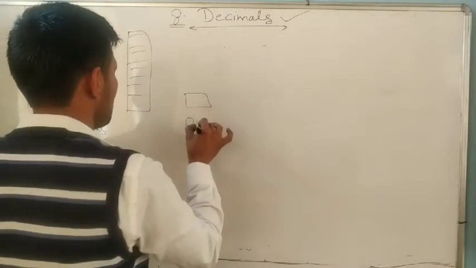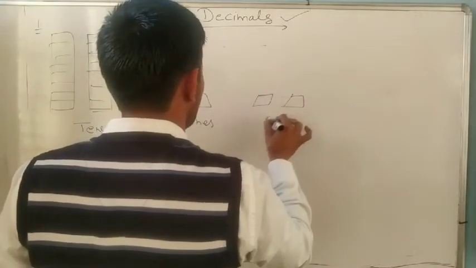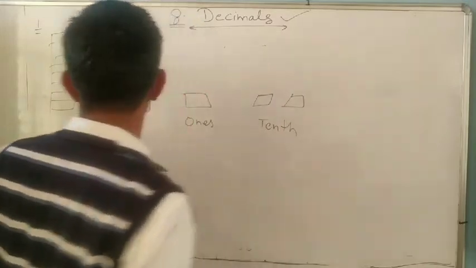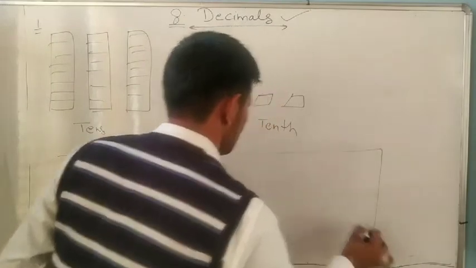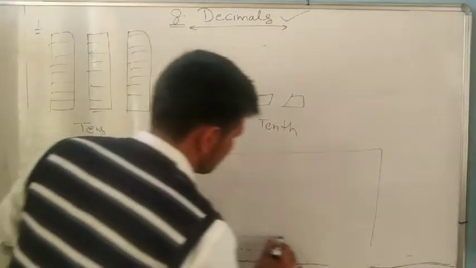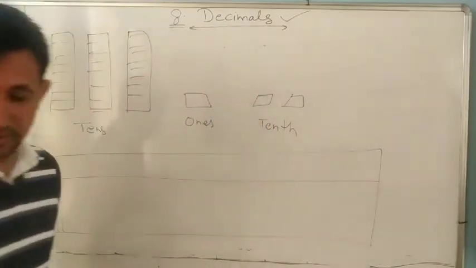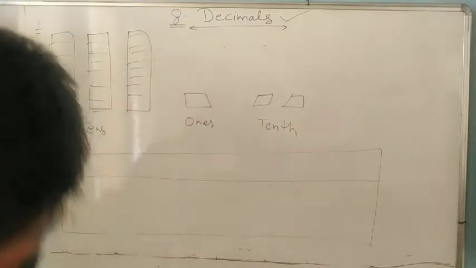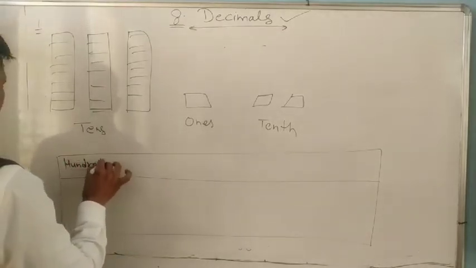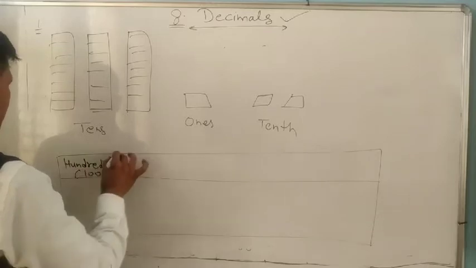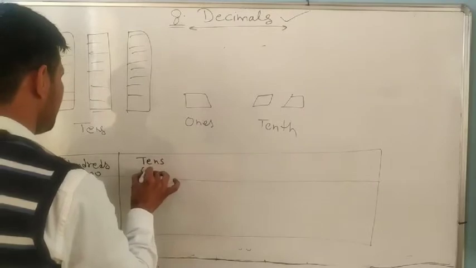It is ones, and next is given 10th. We have to write in table. What is table? It is table. Table is we have to write 100. 100 mean 100 like this one. Next is tens. Tens mean 10.